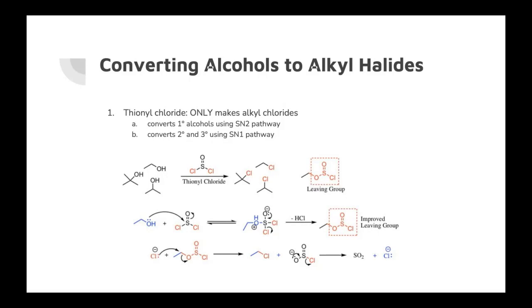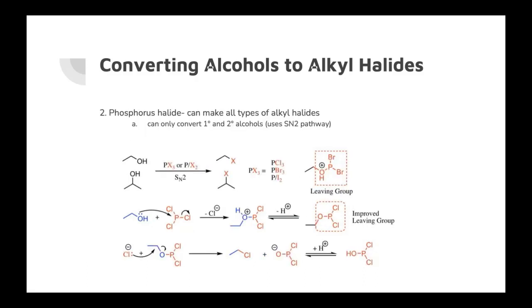So your alcohol will attack the thionyl chloride and kick off that oxygen, and then HCl will leave and then re-attack the molecule, and you'll end up with that Cl displacing the oxygen or that alcohol group.